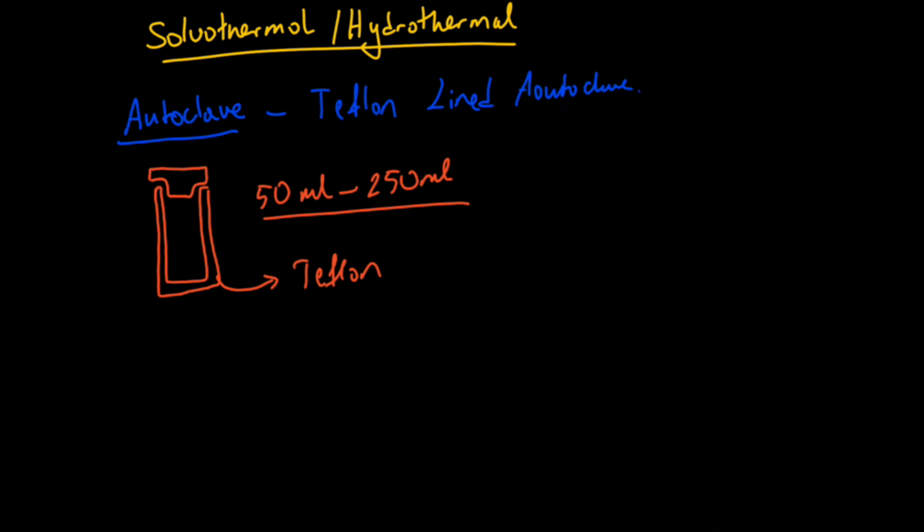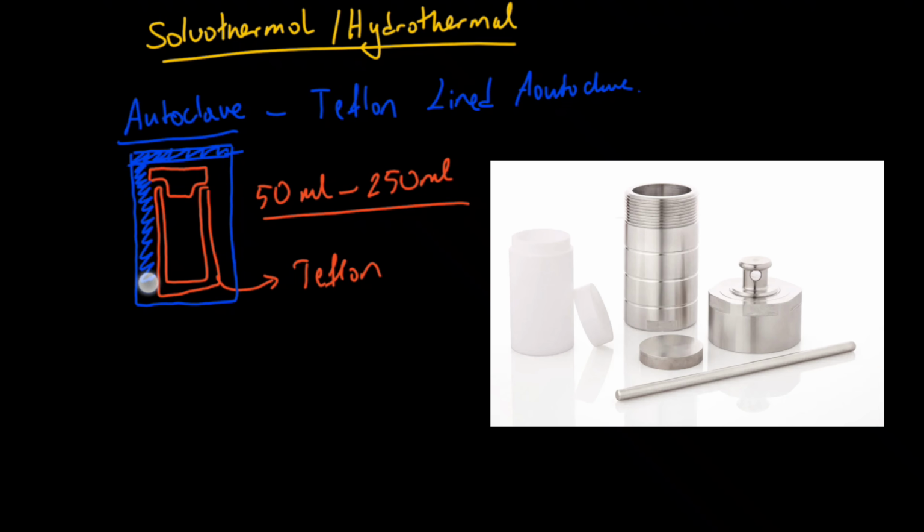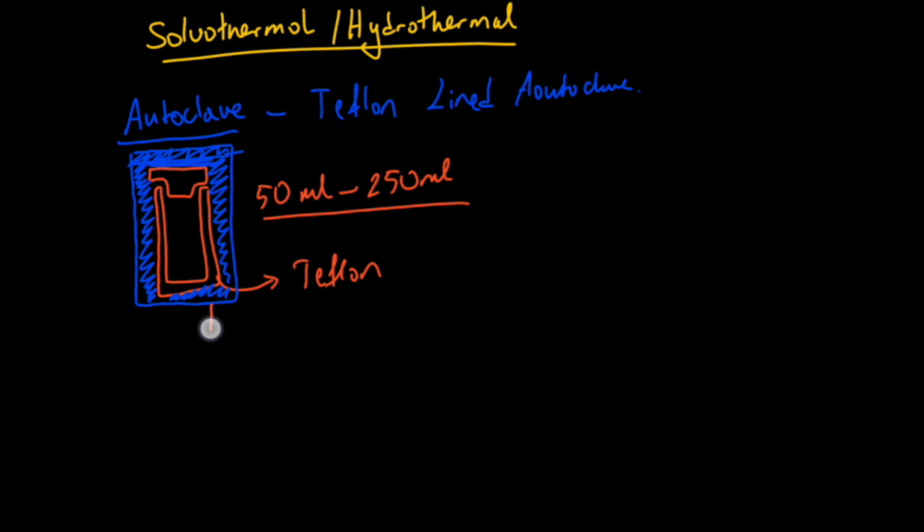And we put it in another stainless steel container, and it also has a lid. So we have a lid, and this Teflon container fits perfectly into this stainless steel part. And we can heat this autoclave in an oven around 200 C. If you heat too much, of course, the autoclave can explode. But this is another topic.